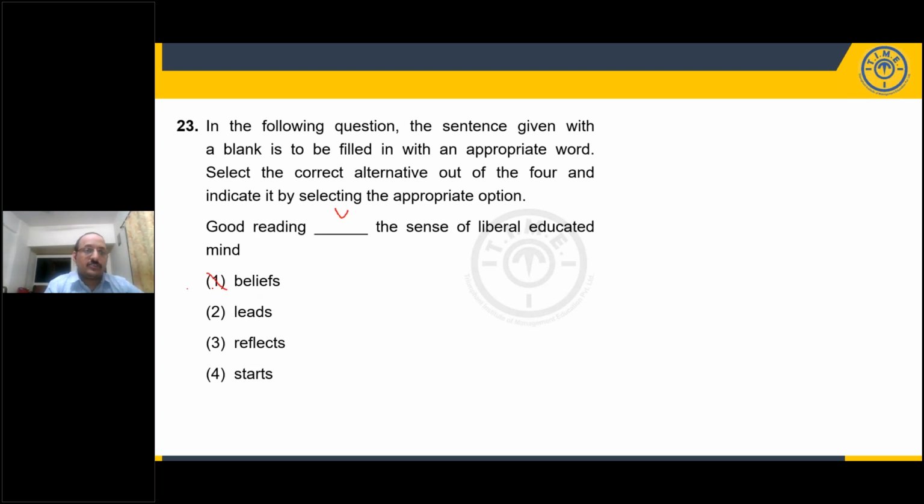Possibly, but then I have to say good reading leads to the sense of the liberal educated mind. Leads the sense, you can't say. Reflects the sense, yes. Starts the sense, no. It's not start or stop over here. So option number 3. Good reading reflects the sense of a liberal educated mind. It shows that your mind is liberal and educated.